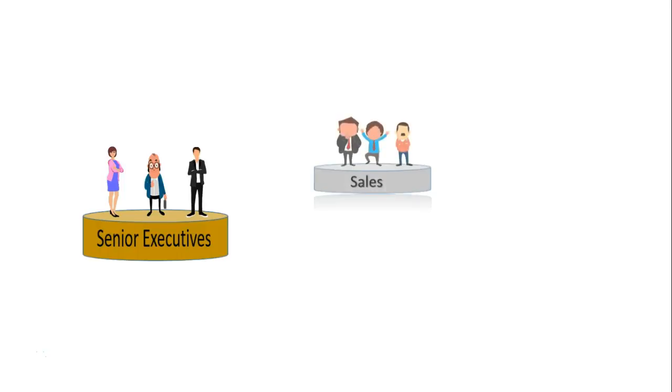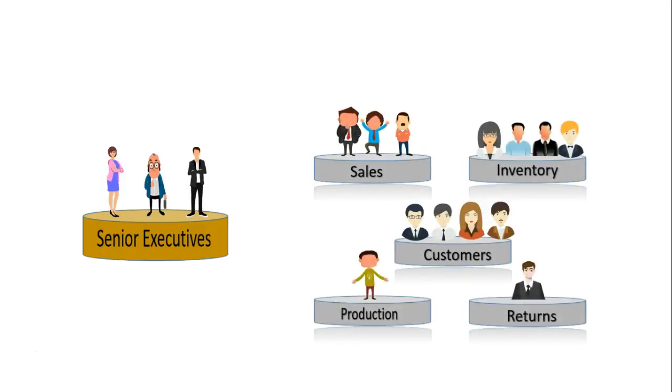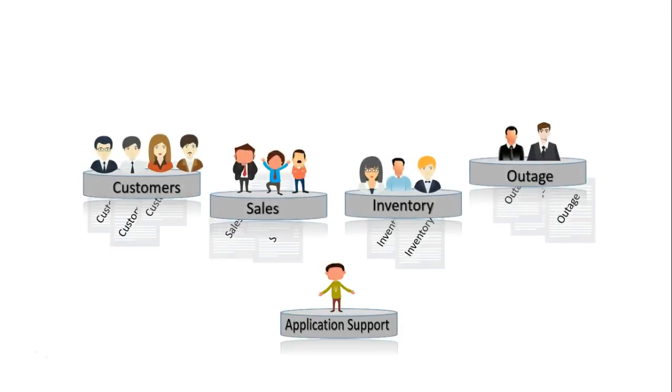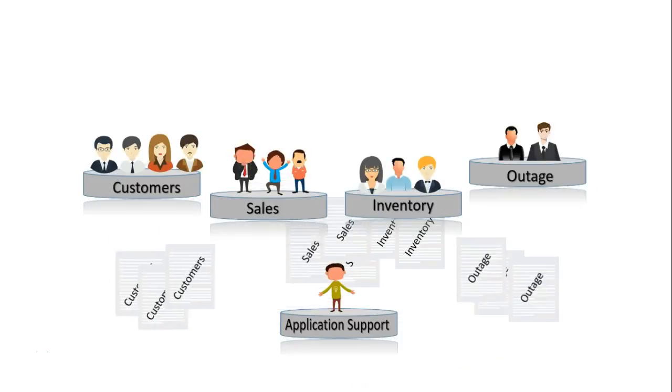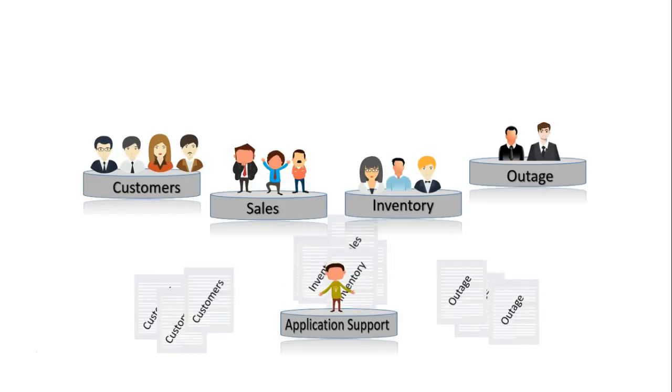Every quarter, higher management needs consolidated reports from all departments regarding sales, customers, production, inventory, returns, and many more. These reports are owned by different departments. Each department generates their respective reports and shares them with Paul.